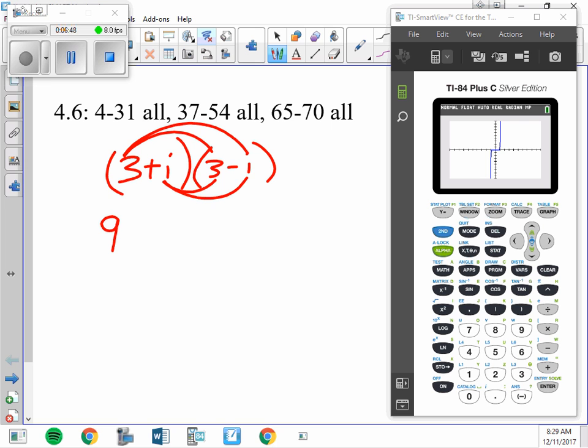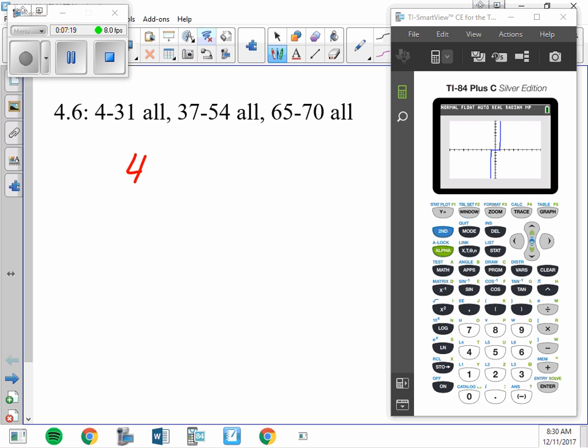Do I need this one? Yes. And what is i times negative i? Negative i squared. But i squared is really just negative 1. So what is negative negative 1? Plus 1. So this turns into plus 1, and I get 10. Okay?